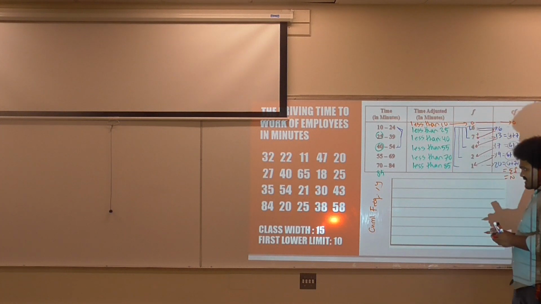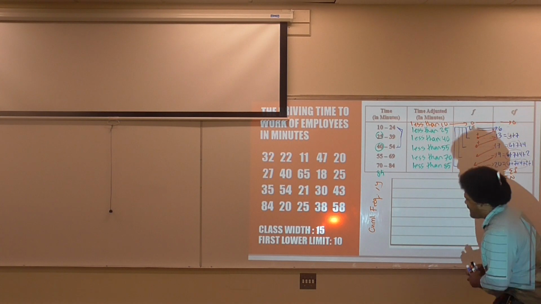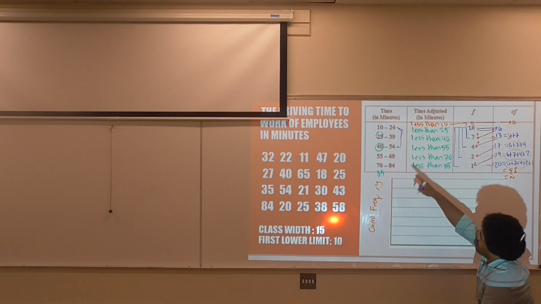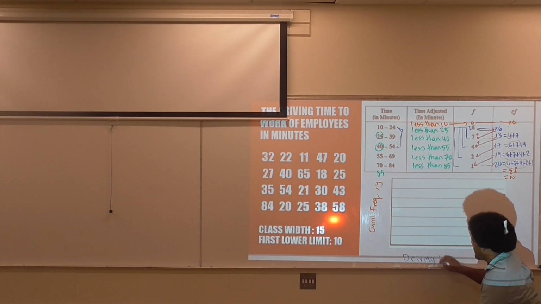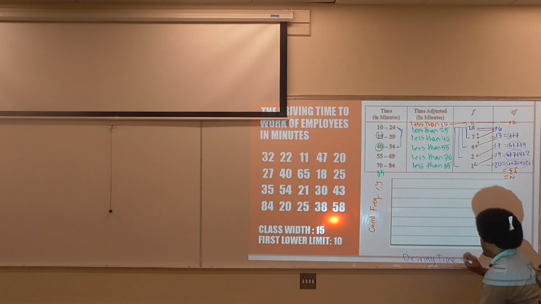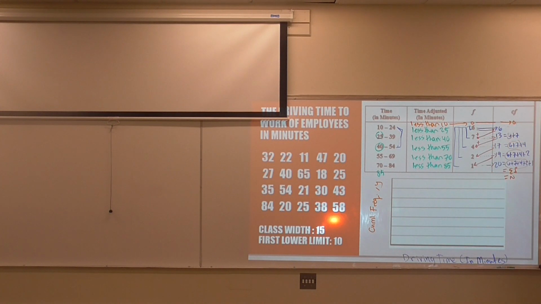Frequency is always on the y-axis, and we already know that for the x-axis it's supposed to be the measurement, so it's the driving time in minutes. That's what we're looking at. And obviously, the measurement, or verbal data, is always on the x-axis.